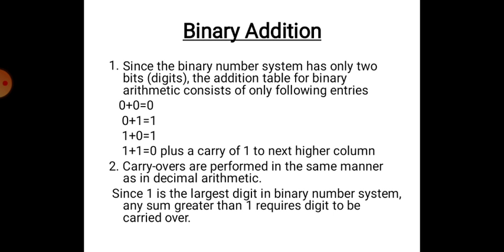So students, in decimal number system, when the addition becomes 10 or more than 10, you carry 1 forward to the next higher column. Similarly here in binary number system, when the sum becomes more than 1, you have to carry it to the next higher column.